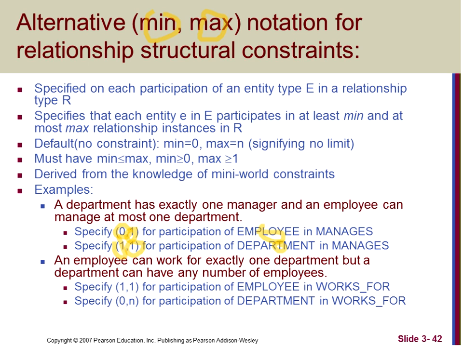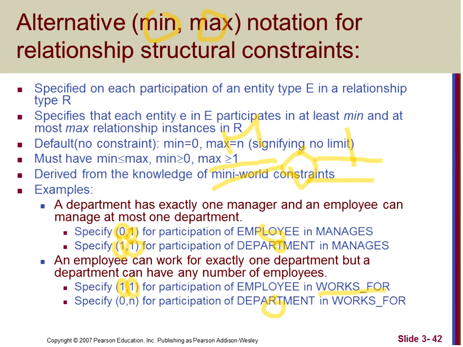Let's see the works-for relationship. For works for, we use just like this one, full and many to 1. We don't know what is the minimum number of employees for each department, but here we can see 1, 1 means minimum 1 department, maximum 1 department, which means each employee should work for 1 department.